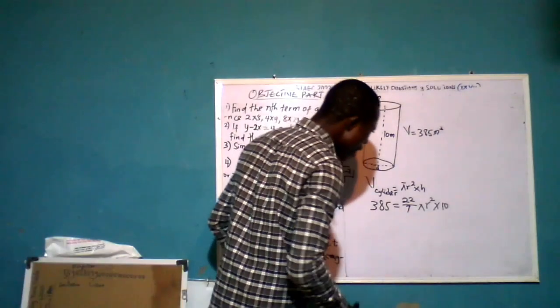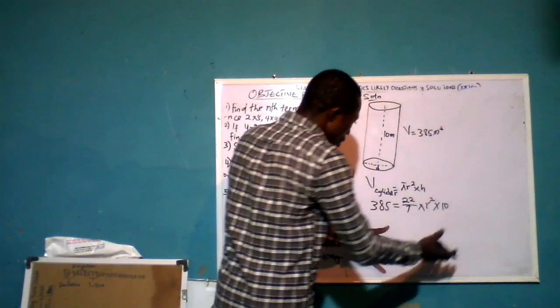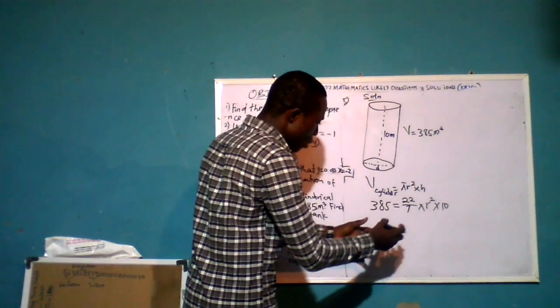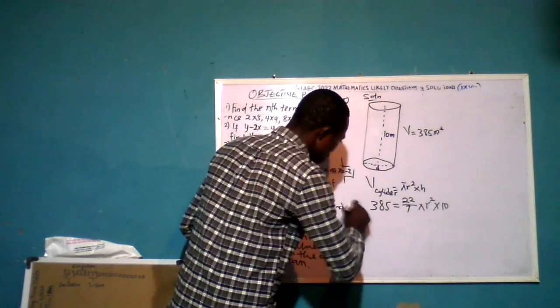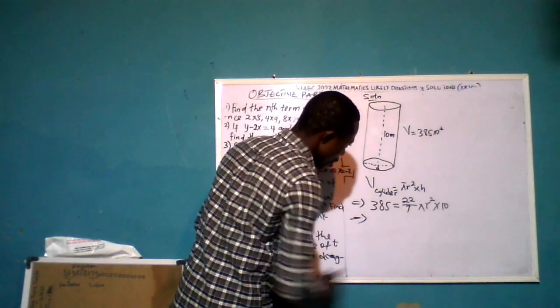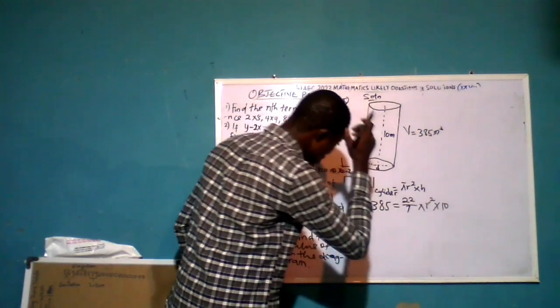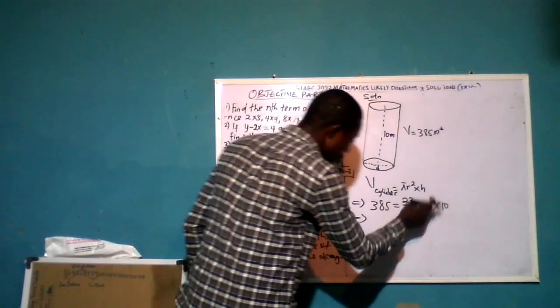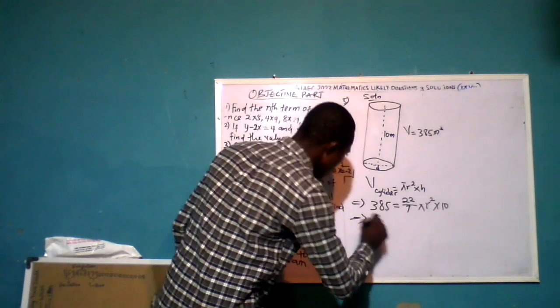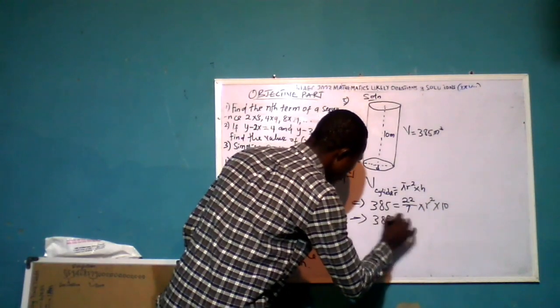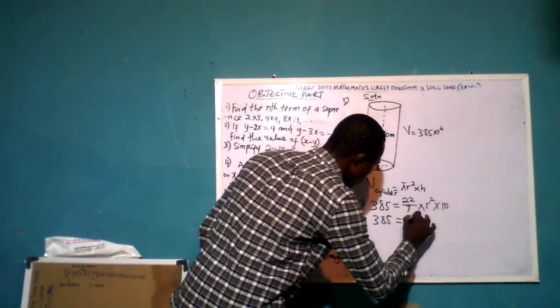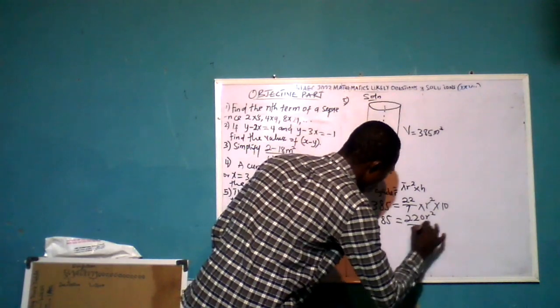Now from here, what you need to do is to make r squared the subject of the formula. This gives you 10 times 22, that's 220. So you have 385 equal to 220 r squared all over 7. These are the same thing as over 1.